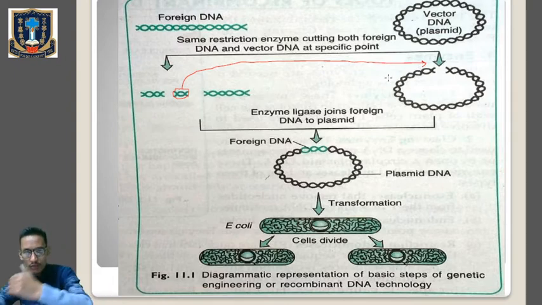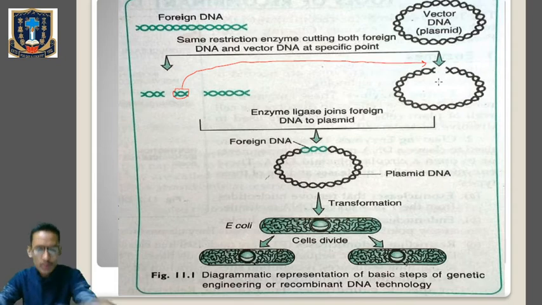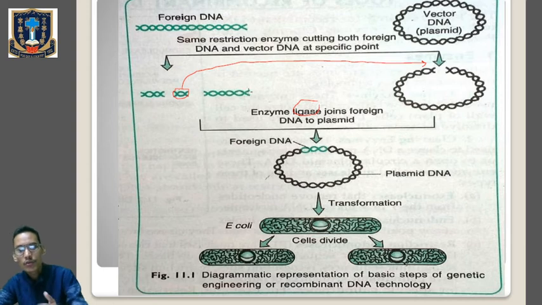This joining of foreign DNA having the gene of interest into the plasmid vector is possible due to the discovery of molecular glue, that is the enzyme known as DNA ligase. The enzyme DNA ligase is mainly utilized to join the foreign DNA to the plasmid vector.